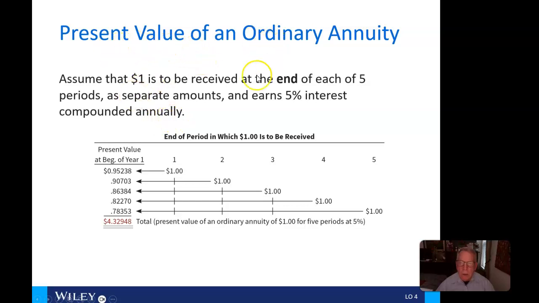So this is our normal situation. And if we wanted to calculate that out, we can just simply add from table 5.2 these factors to get 4.32948. And that's the present value of an ordinary annuity, 5 periods at 5%.